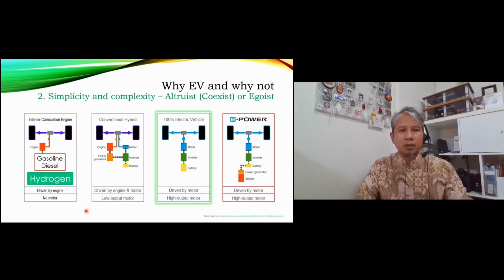So these two are also another type of technology that can solve, or as research says, can also contribute to the reduction of greenhouse gas. So we should take a look at that again.